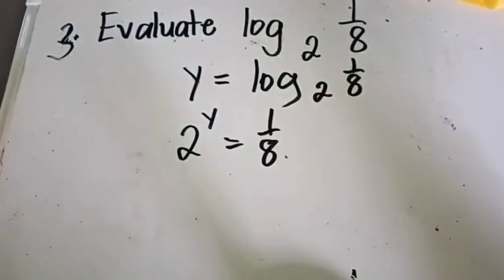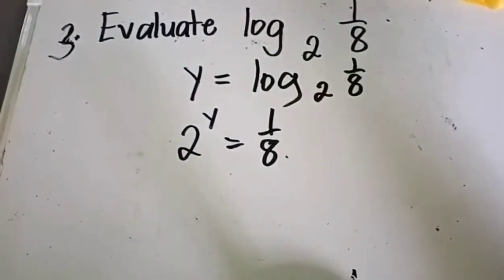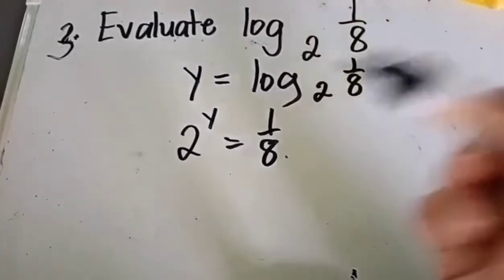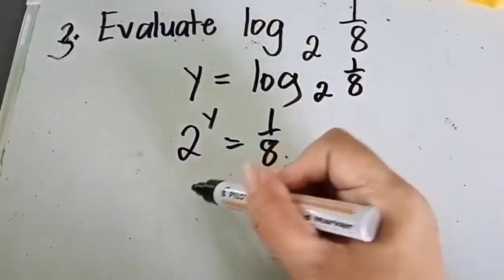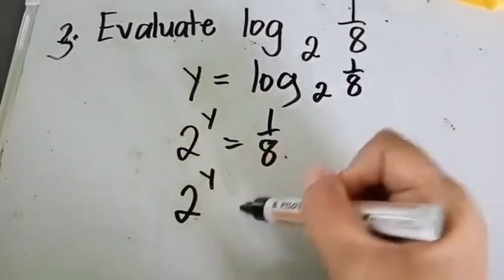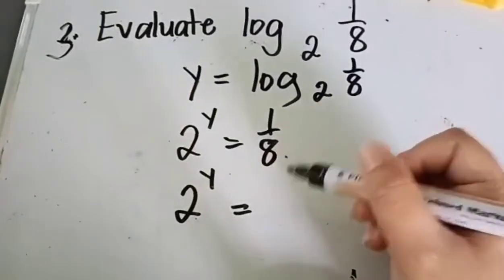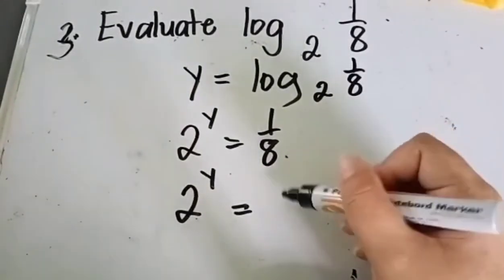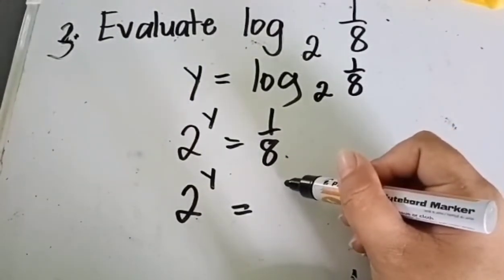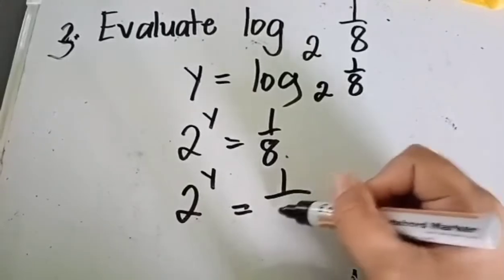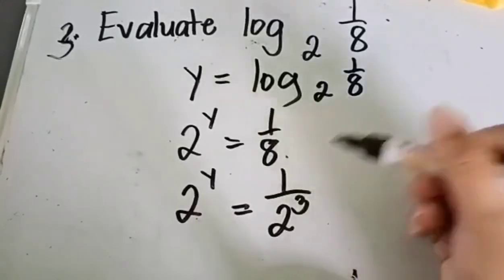Like what I told you, we need to solve the exponential equation, expressing both sides of the equation using the same base. So we have here 2 to the power of y is equivalent to 1 over 8, and this is equivalent to 1 over 2 to the power of 3.